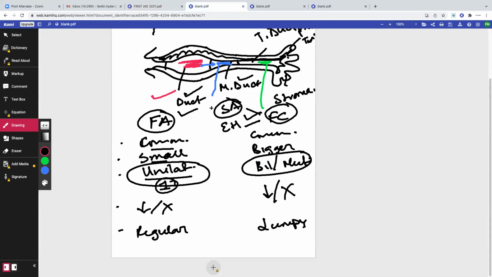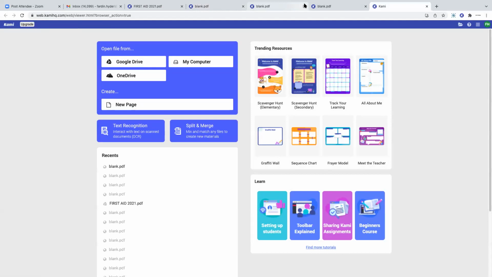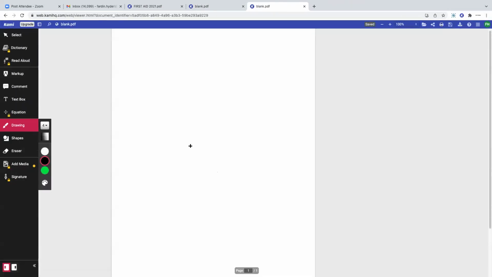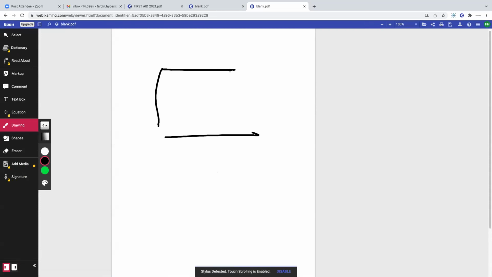Oh, this is one thing I forgot to mention. Always remember this. If this is the breast, right? The breast has 4 quadrants. Okay, let's say that this is the female thoracic cavity, right?